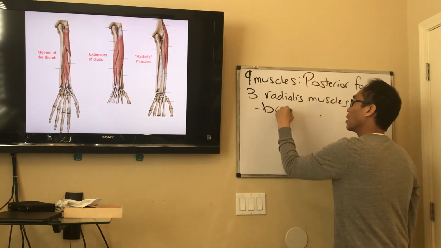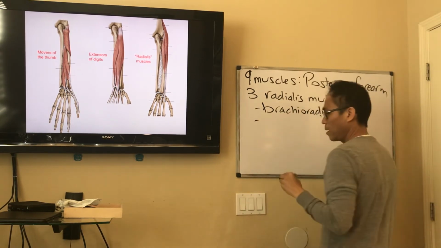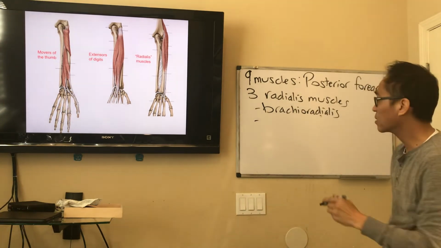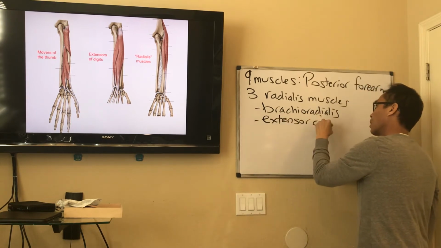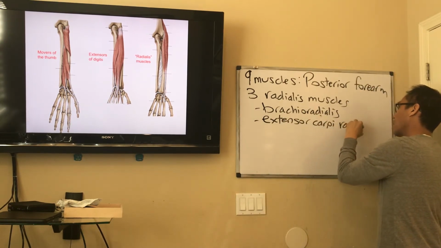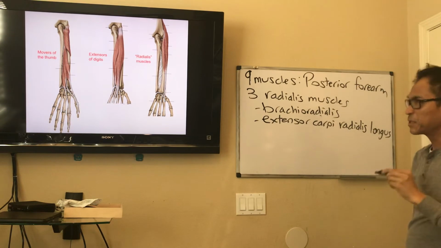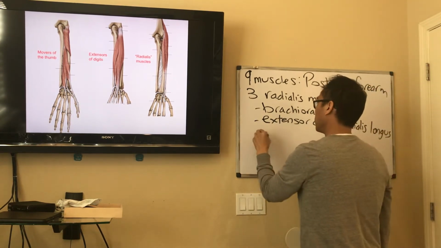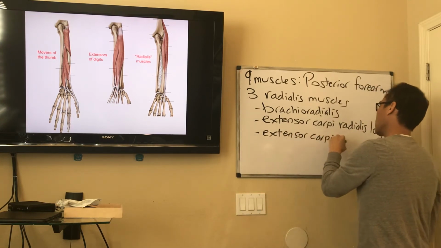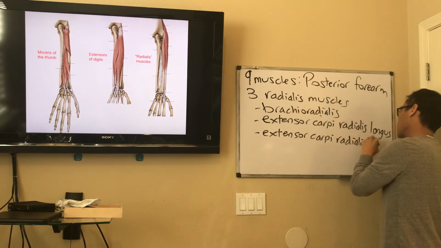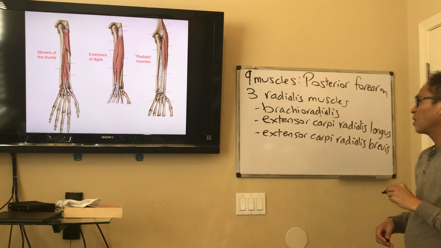Brachioradialis, Extensor Carpi Radialis Longus, Extensor Carpi Radialis Brevis. Four words, know the correct order.